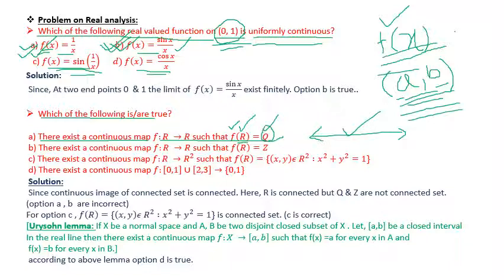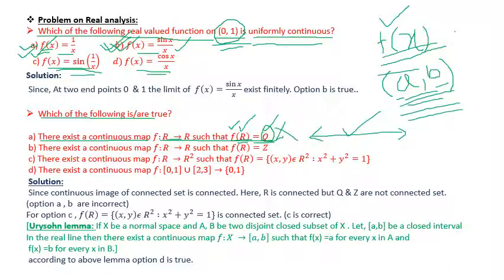So f of R is connected but Q is disconnected. It is not possible since we are given f of R equals Q, which is a contradiction. Therefore we can conclude that there does not exist any continuous map from R to R such that f of R equals Q, right? So our first option is the incorrect option.